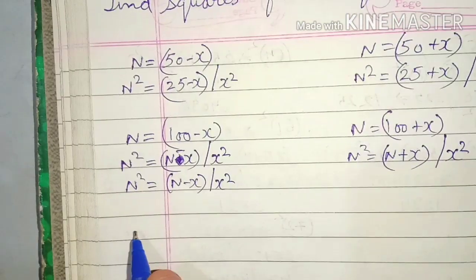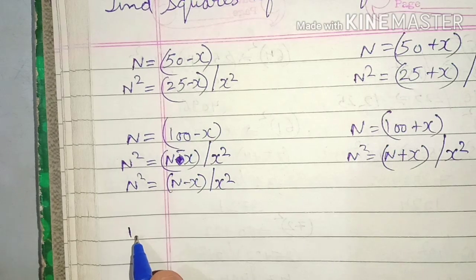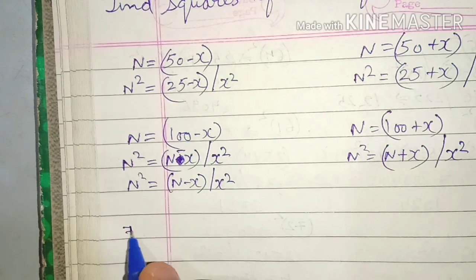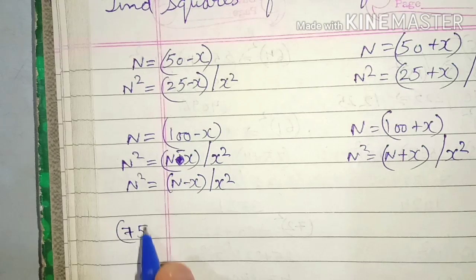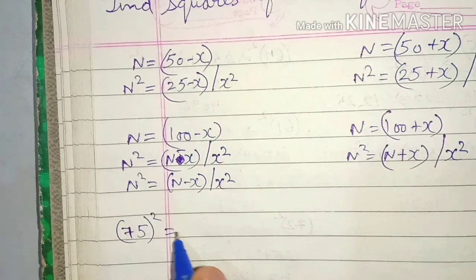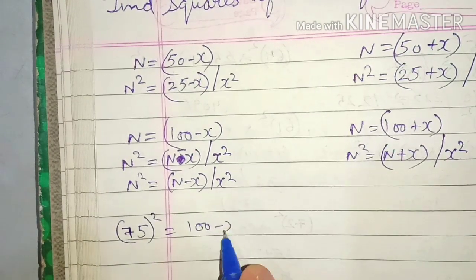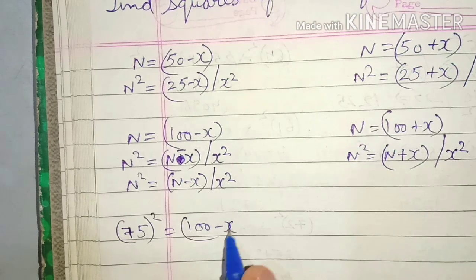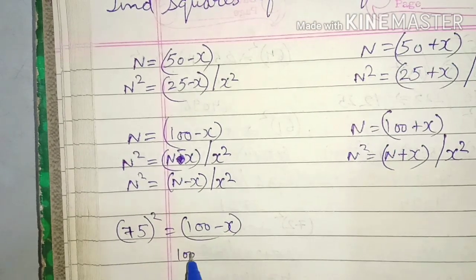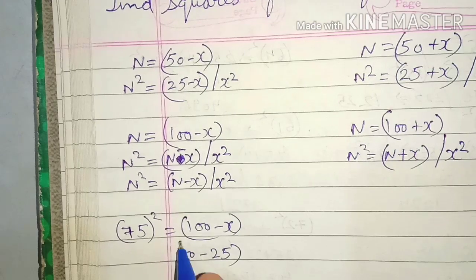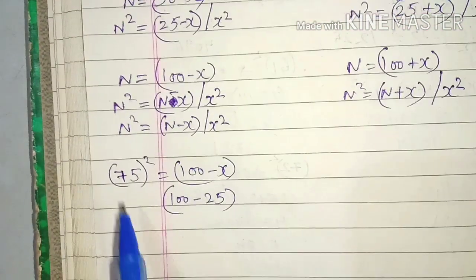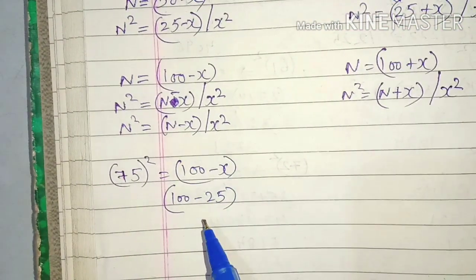Taking the first example, we have to find the square of 75. We can write 75 as 100 minus x, means 100 minus 25. Are you all familiar that we can write 75 as 100 minus 25?